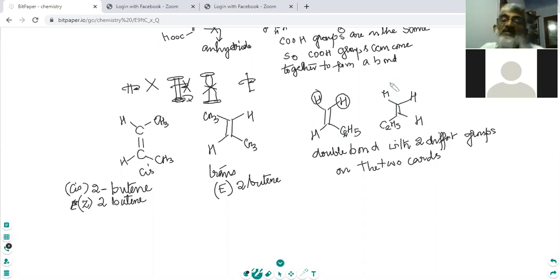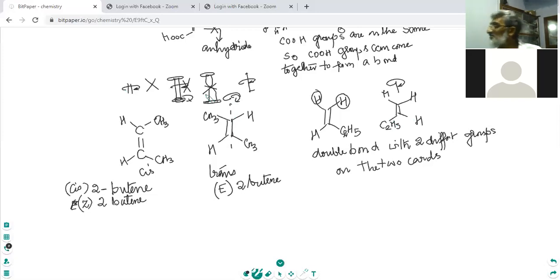If you just rotate this 180 degrees, you will get this compound, so they are identical. The whole molecule will rotate. But in the other case, if you rotate the molecule 180 degrees, it will never come to this.